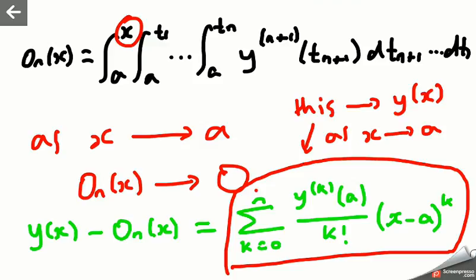So for really, really close x, we can use the thing in the box, which is just a polynomial, so it's really handy, to approximate the function y of x.